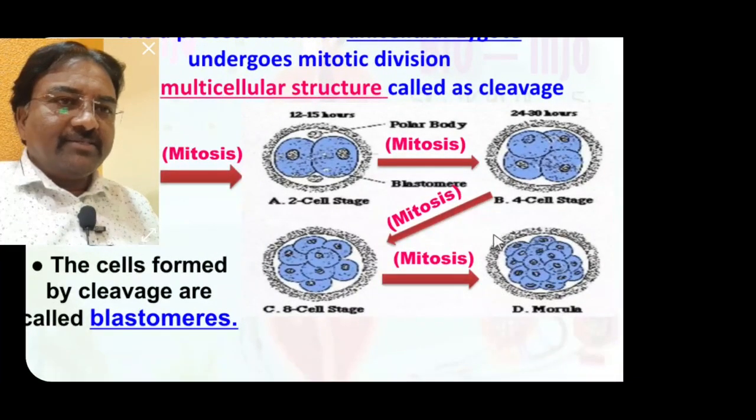So the morula is a solid ball-like embryo structure consisting of 16 or 32 cells, and this is the last stage of cleavage.